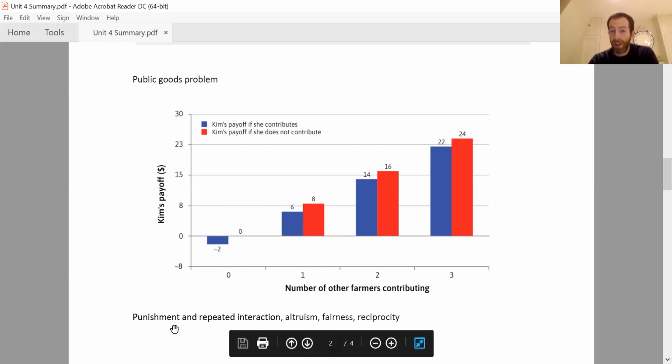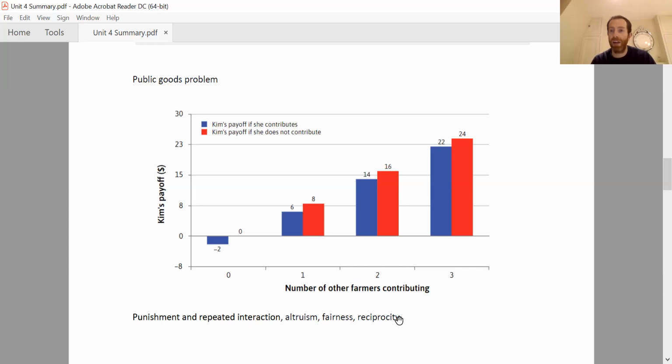Other things that can change behavior in a game: this idea of reciprocity. What if there is some history of interactions between me and the other person in the game, and last time we interacted, that person was really kind to me? Maybe I'll feel like I should be kind back to them. Or if I know we're going to encounter each other in the future, then maybe that will make me think, I should try and be nice now because I might get some benefit later on.